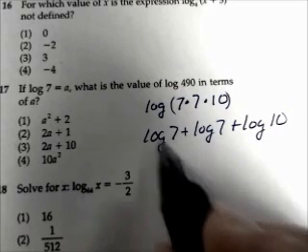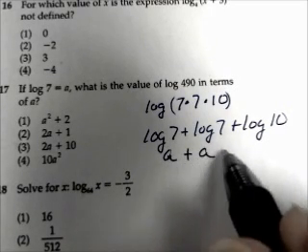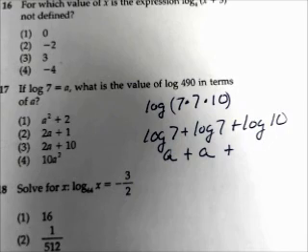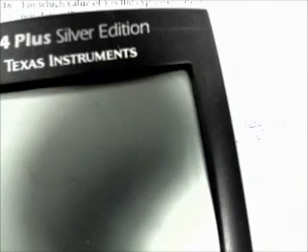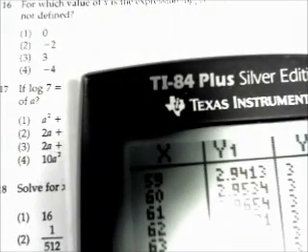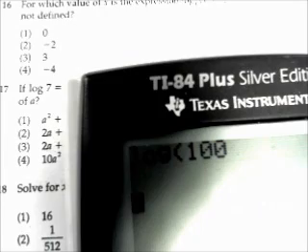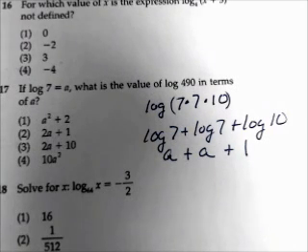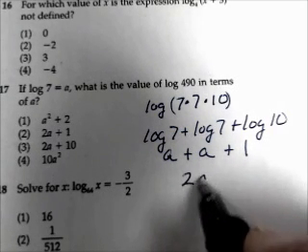Replace log 7 with a, so a plus a, and log 10 is equivalent to 1. Remember, if you don't recall, just key in log 10. It's 1. A plus a is 2a, so 2a plus 1.